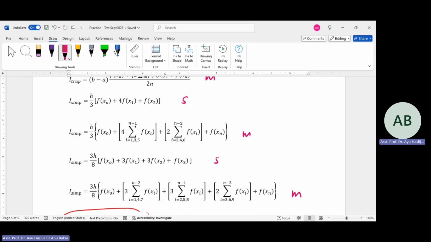Just now you asked for Simpson 3/8, right? So that is the equation. Remember Fn is your final data point. If your final data point is fx9, it should be here, not inside here. You should know how to arrange your data.